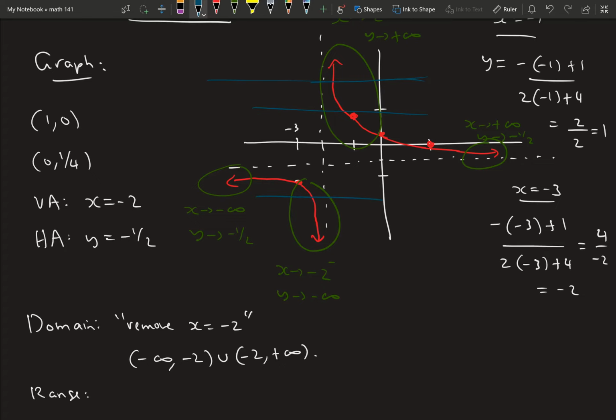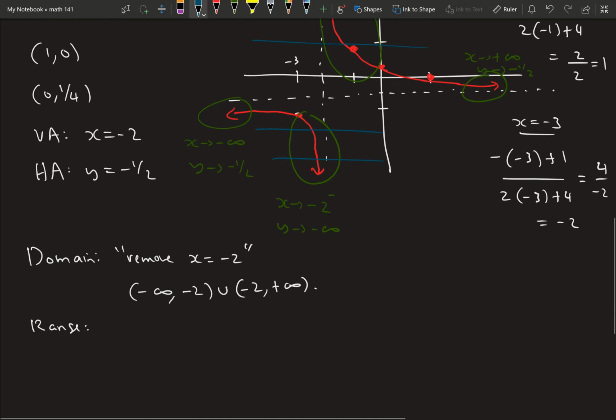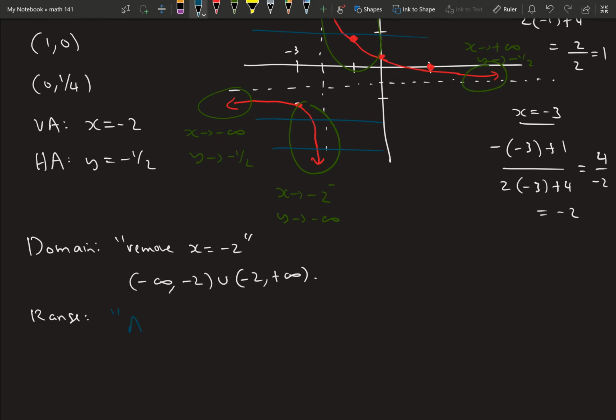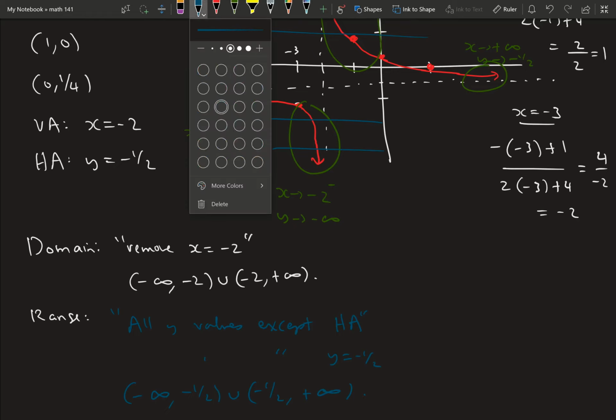So every y value is included except the horizontal asymptote, which in this case is just y equals -1/2. So we end up with -infinity to -1/2 union -1/2 to +infinity. And that's our range, and that concludes this example.